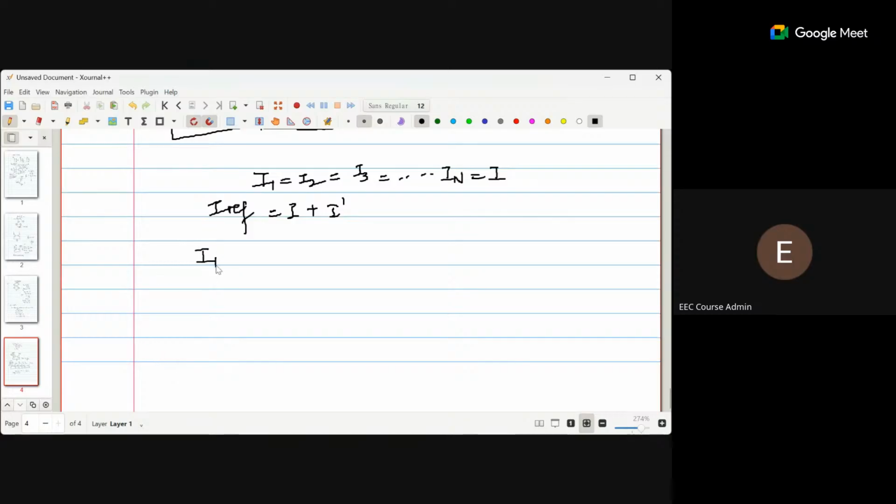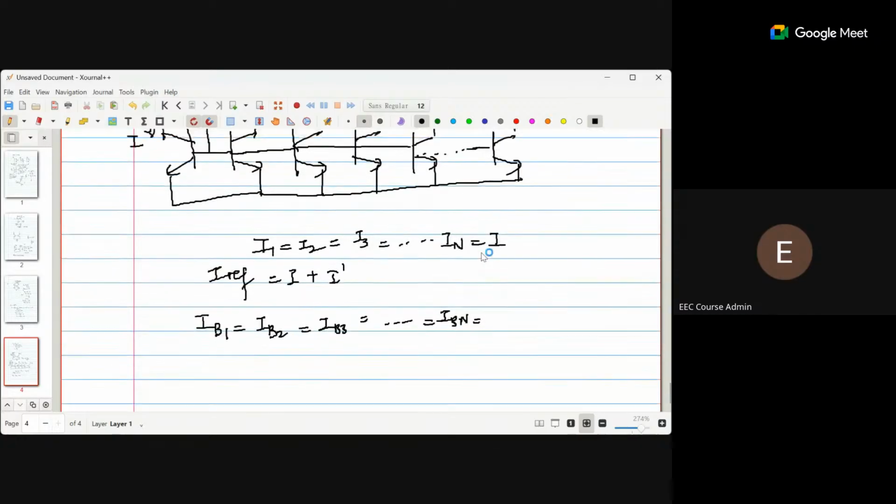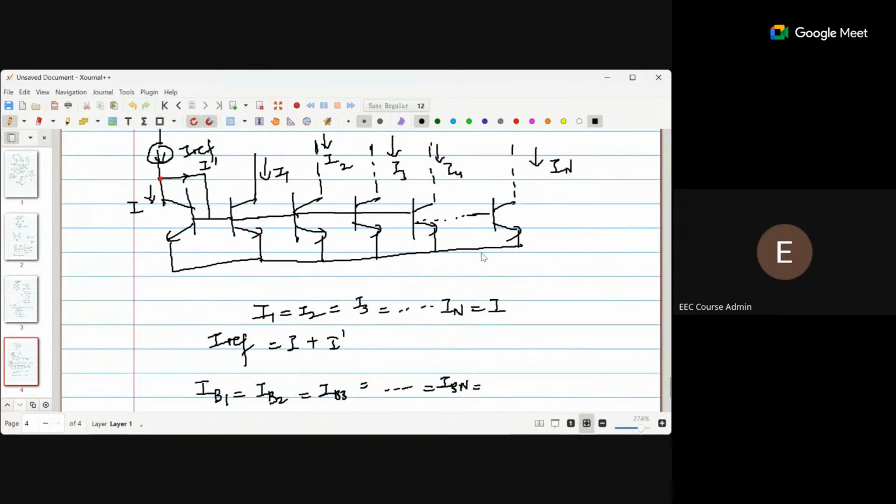And what we have between the base currents, the relation will be IB1 equal to IB2 equal to IB3 equal to etc. equal to IBN. What is this IB1, IB2 etc. in terms of this I, which is actually the collector current?